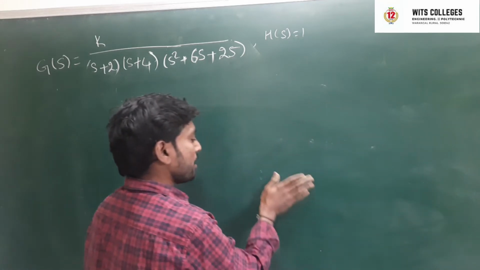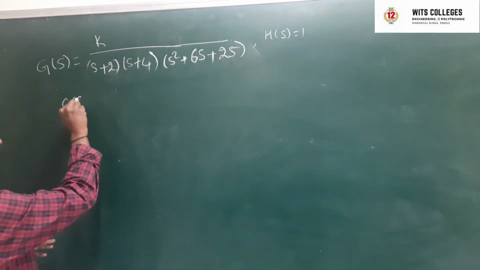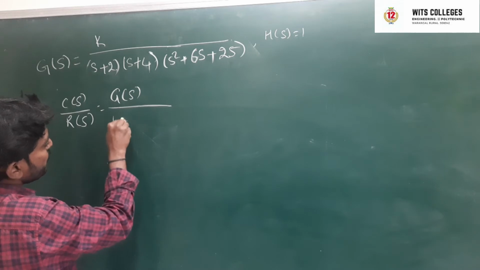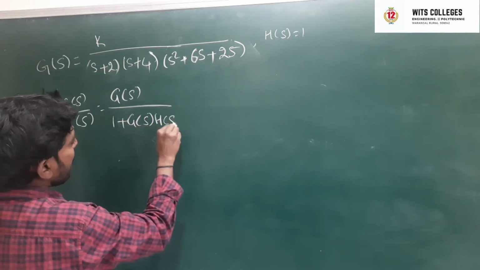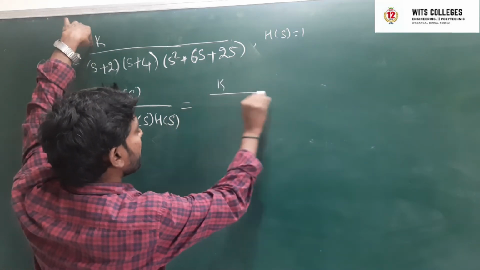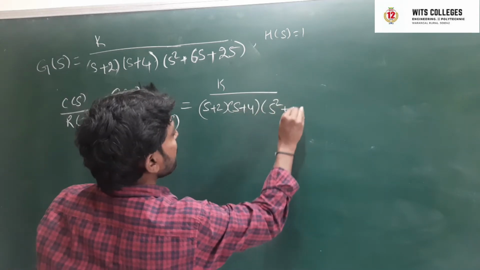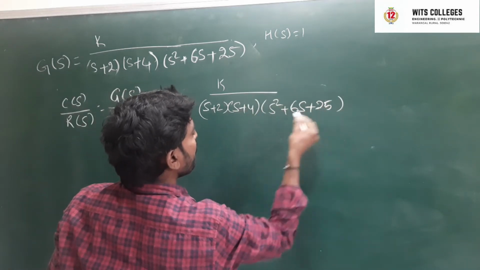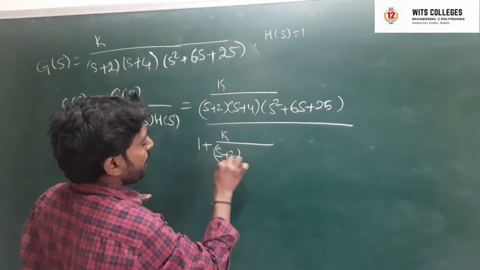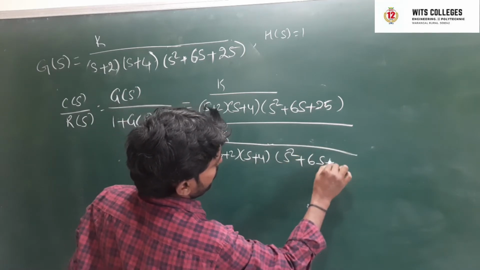In order to find that stability, first this open loop system is converted into a closed loop transfer function. Here C(s) by R(s) is equal to G(s) by 1 plus G(s) into H(s). This is the closed loop transfer function. Here G(s) is nothing but K by (s plus 2)(s plus 4)(s square plus 6s plus 25).